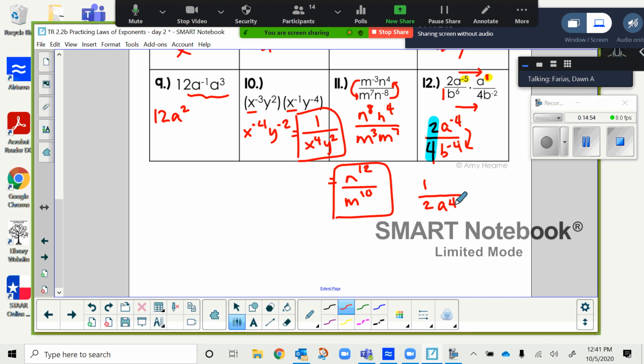But the b on the bottom also has a negative exponent, so we have to push it to the top and make its power positive. And we don't have to leave the 1 in our answer. So we can just write it like this. B to the 4 over 2.